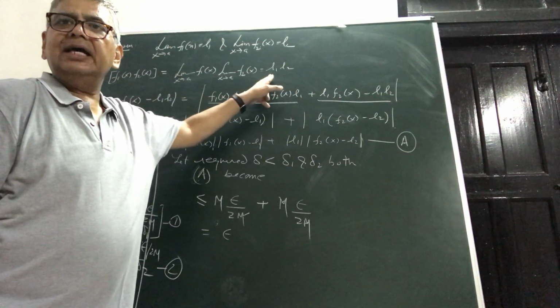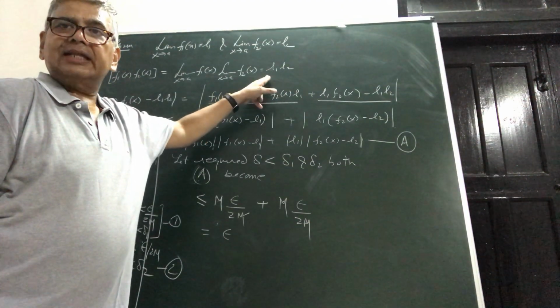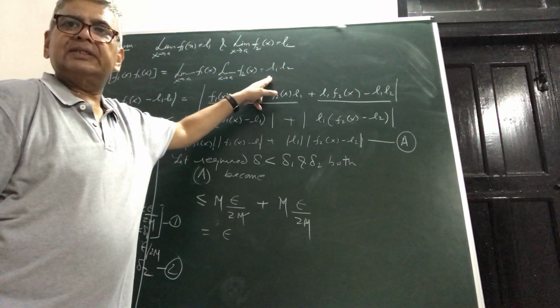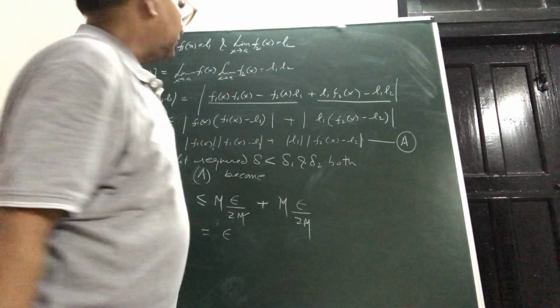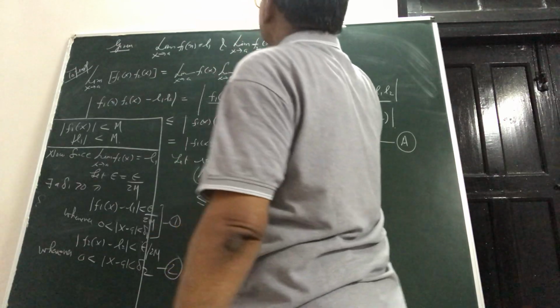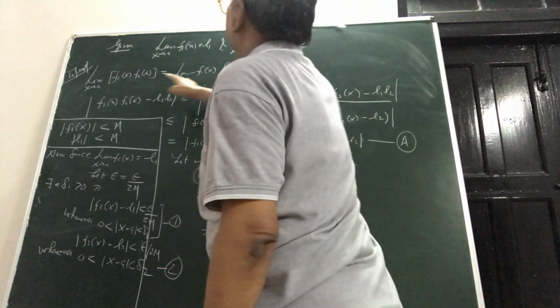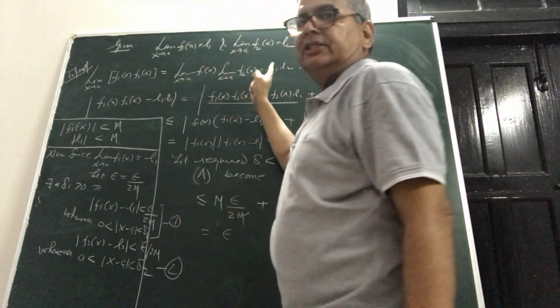L1 and L2 are the limits of the individual functions f1(x) and f2(x) when x approaches a. So our theorem is proved. We have been able to prove that the limit of this product is equal to L1 L2.